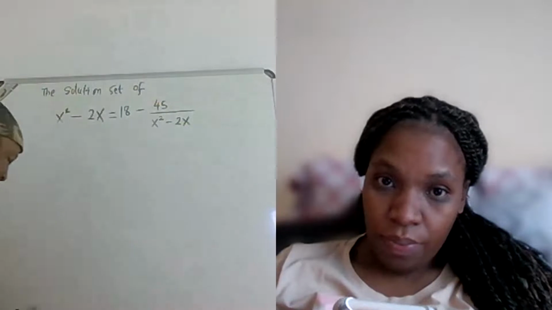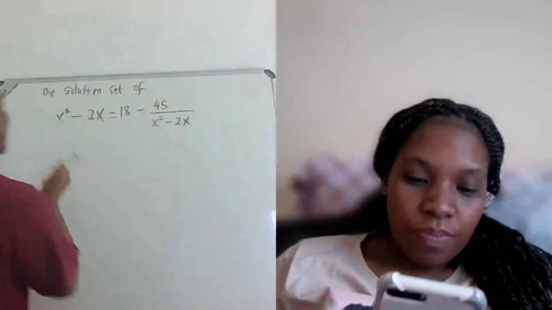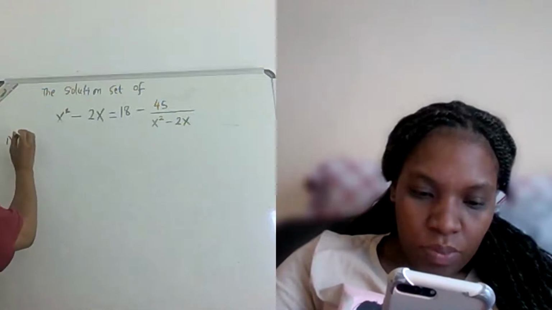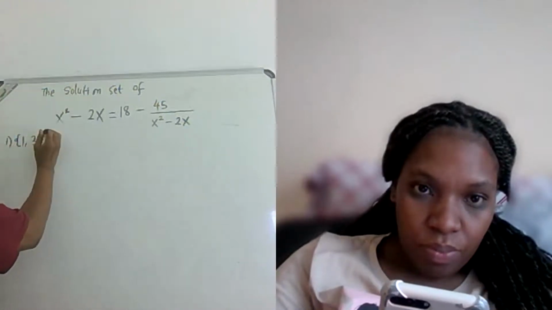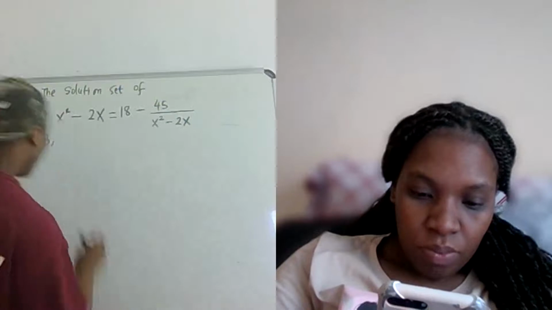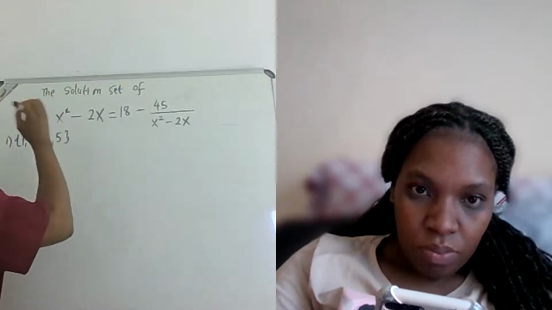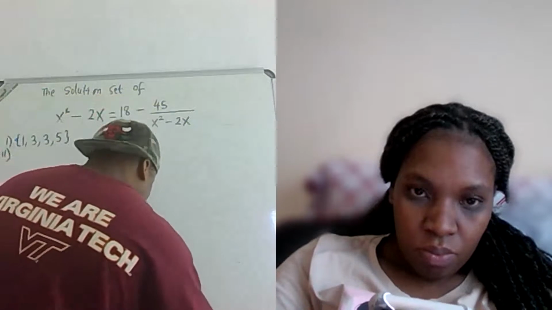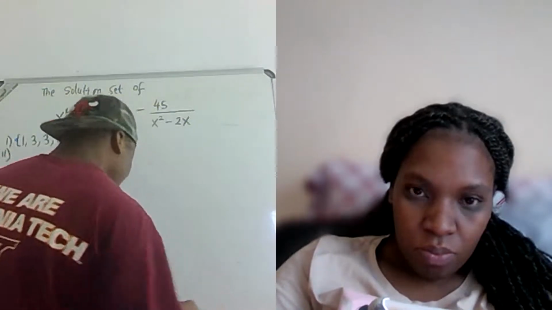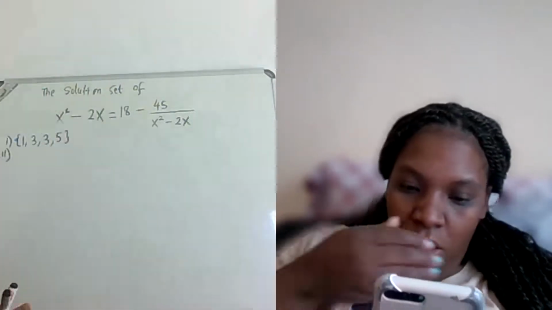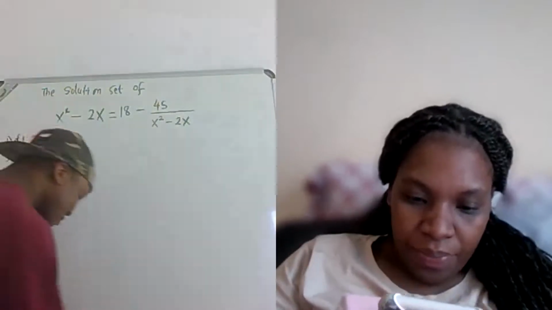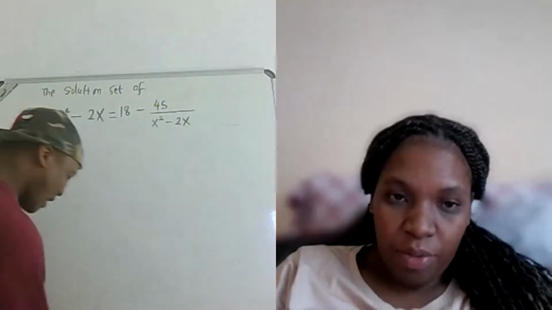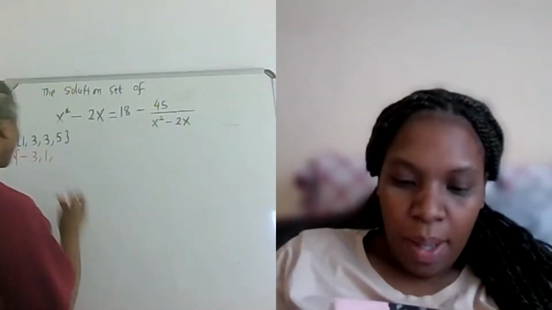Let me show you the options. The first option says the solution set is 1, 3, and 5. The second option: -3, 1, 3, and 5.